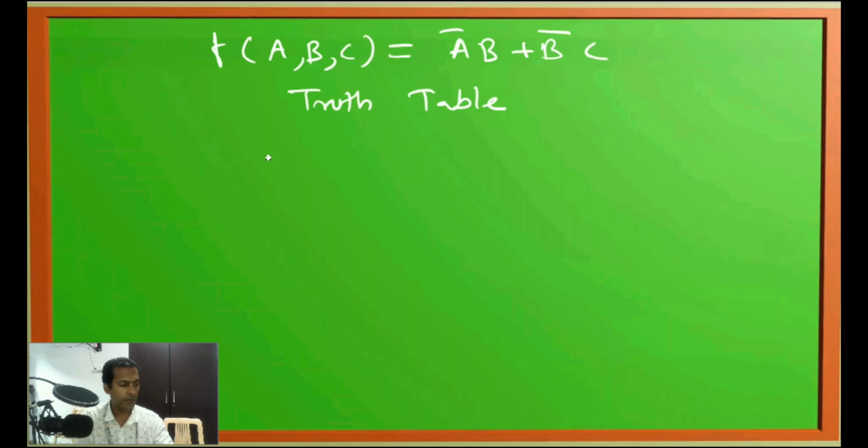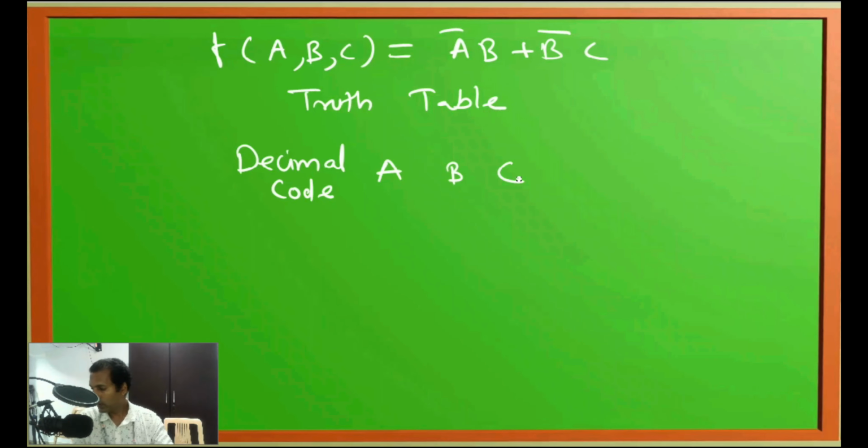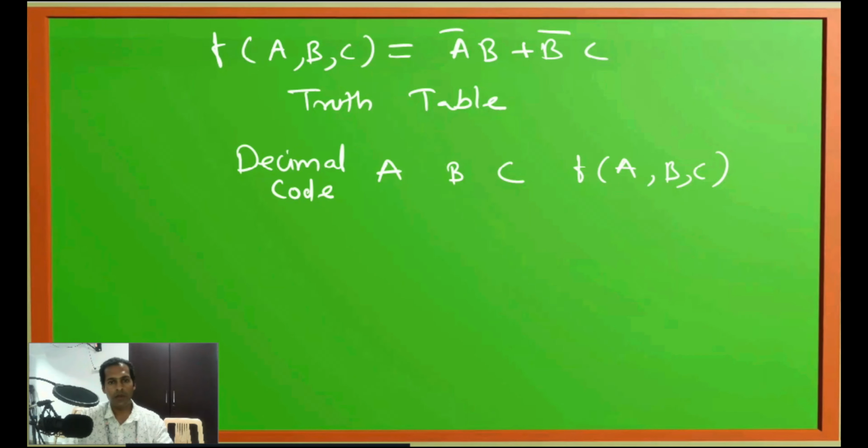First we can list the decimal code. Then we have three variables, A, B and C, and the function of A comma B comma C. So we can list out the decimal code from 0, 1, 2, 3, 4, 5, 6, 7.